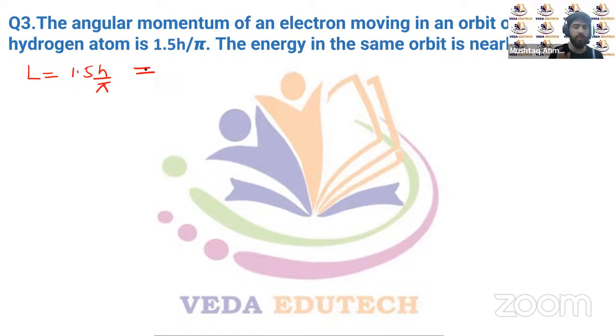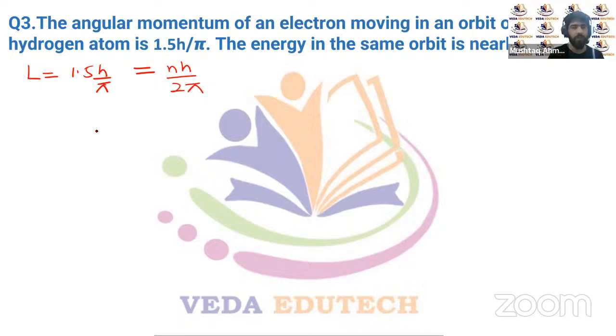The total angular momentum in any nth orbit will be nh upon 2 pi. So only these angular momentums are allowed for an electron in any orbit, or we can say the angular momentum is a quantized quantity. Only discrete values of angular momentum are possible for the electron in a hydrogen atom.